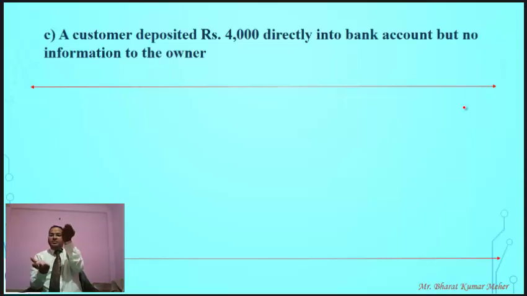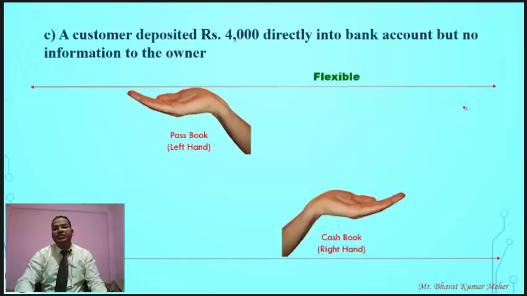So obviously the cash book balance is low and the passbook balance is more. Which one is flexible? You are preparing bank reconciliation statement as per cash book. So what you should do with the cash book to make it equal? You have to increase it or you have to add it. Please look at this slide. This is the position.